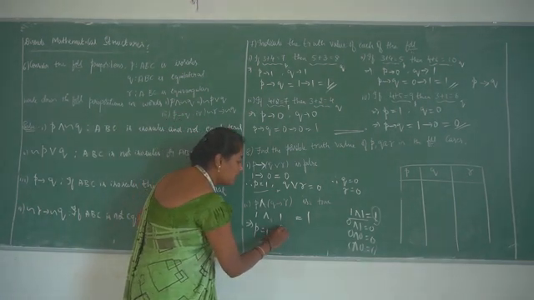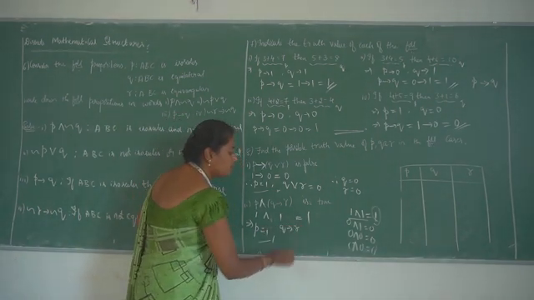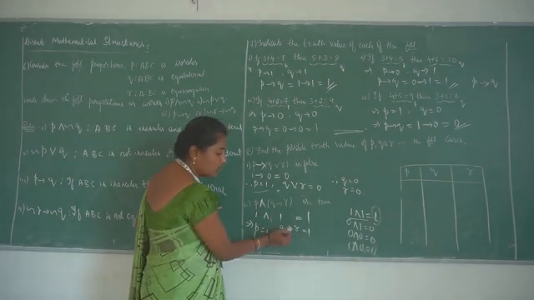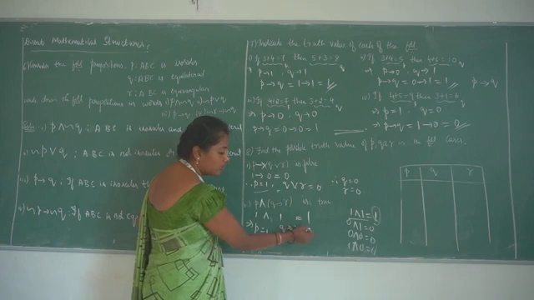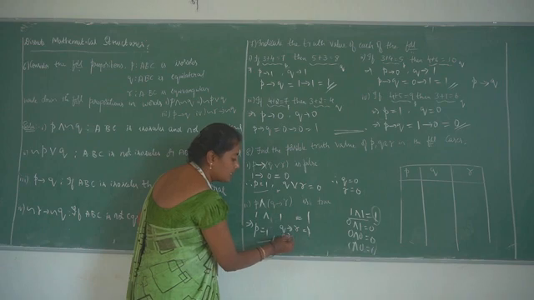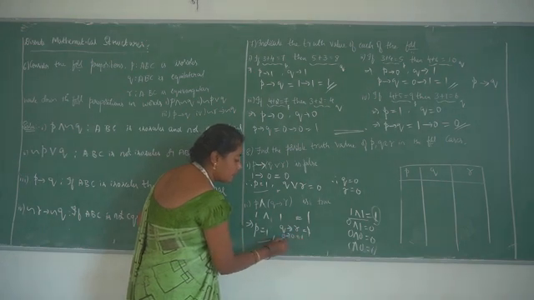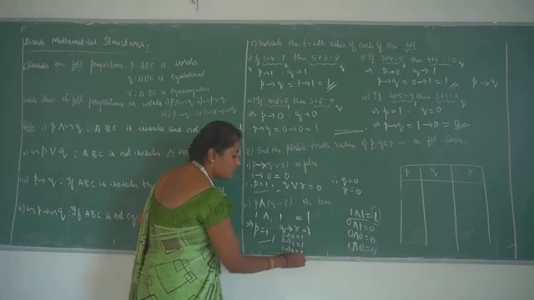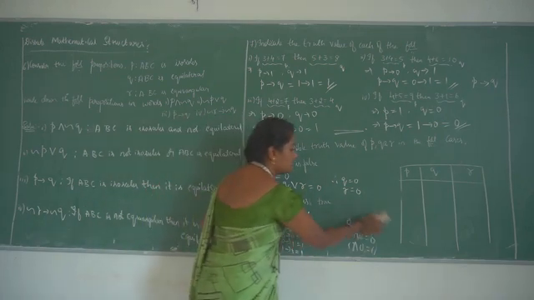Next one, if q then r has the value 1. For the conditional proposition to have truth value 1, as already said, the possible cases are 0 to 0 is 1, 0 to 1 is 1, 1 to 1 is 1. So these are the possible cases in the second one.